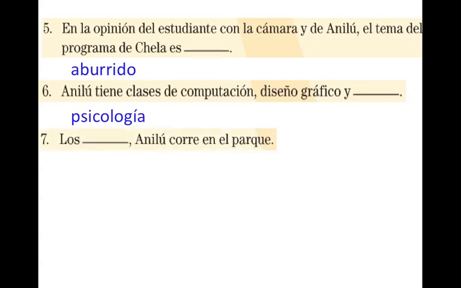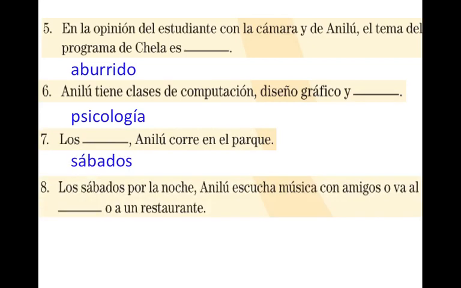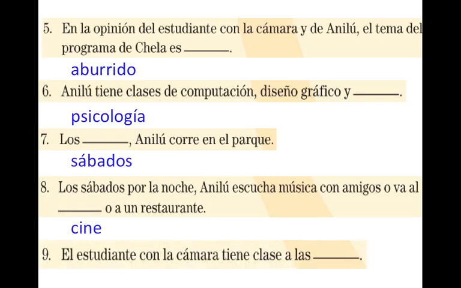Número 7, ¿cuándo corre Anilu en el parque? ¿Cuál día? Corre los sábados. 8, los sábados por la noche, Anilu escucha música con amigos o va ¿a dónde va? Los amigos y Anilu van al cine. They go to the movies. Y finalmente, el estudiante con la cámara tiene clase a las 11. He was in a hurry because he has class at 11.